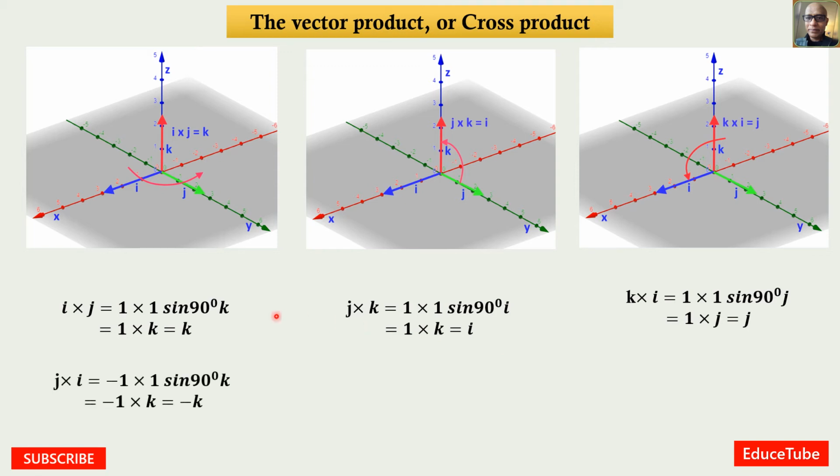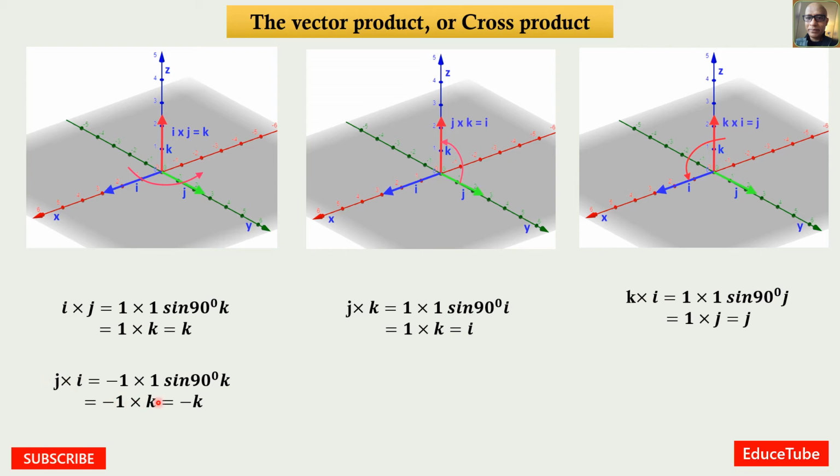Now if we write in the reverse way, instead of i cross j, if we write j cross i, there will be only a minus sign. In the previous slide we have seen a cross b equals minus b cross a. So here i cross j equals minus j cross i.